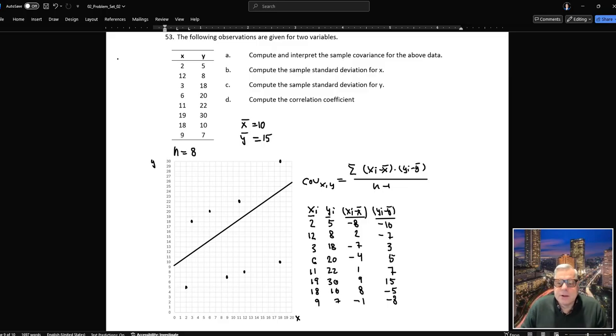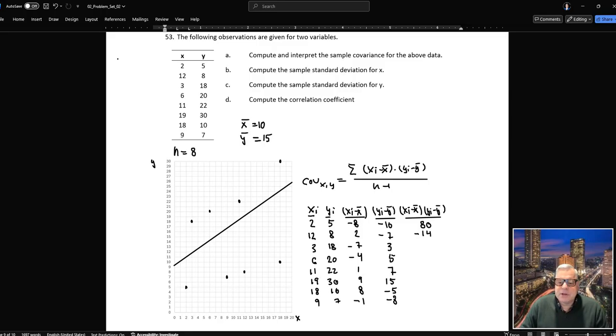Okay, so now we can calculate next the product of these. So xi minus x bar times yi minus y bar. I hope I didn't make a mistake. Negative 8 times negative 10 is 80. 2 times negative 7 is negative 14.